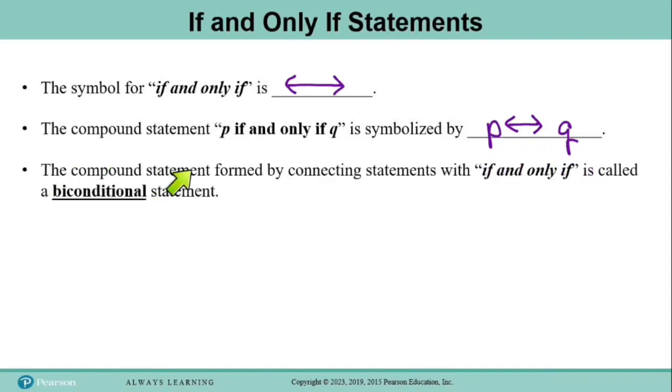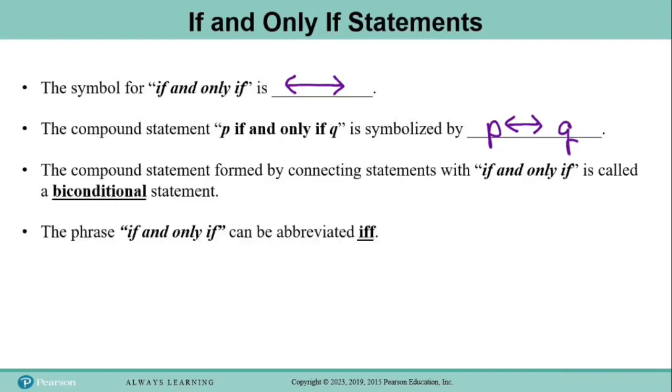So again, the compound statement that you get from connecting two simple statements with if and only if is called a biconditional statement, because two things have to be true in order for the statement to be true. It has to be true that if P then Q, and it also has to be true that if Q then P. So that's two things, so biconditional.